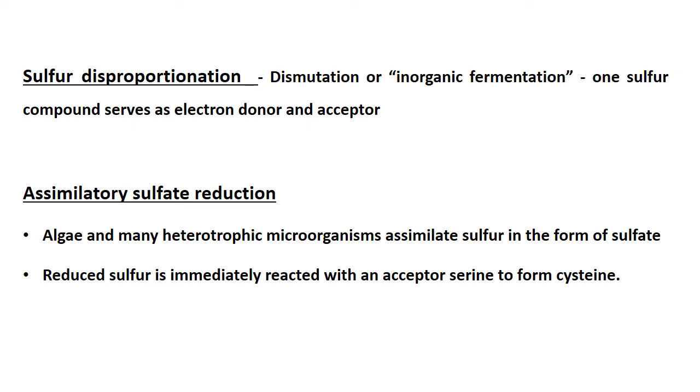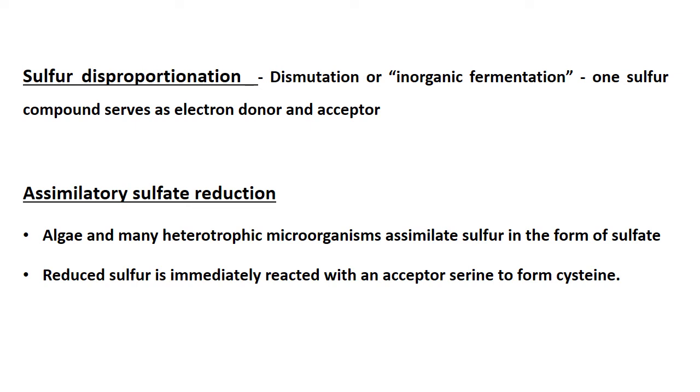Assimilatory sulfate reduction. This is another process involved in sulfur cycle. Algae and many other heterotrophic microorganisms can assimilate sulfur in the form of sulfate, since they cannot directly uptake sulfide, since H2S is highly toxic.